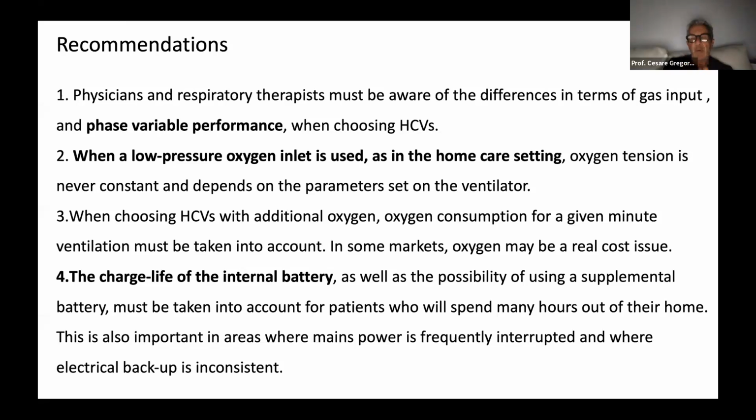Remember that our mission is to send patients home, but also to let these patients go out from their environment. They have to live. And this is also important in areas where main power is frequently interrupted and where electrical backup is inconsistent.